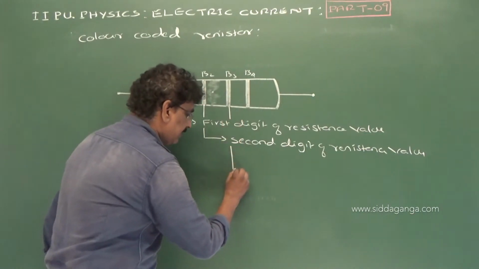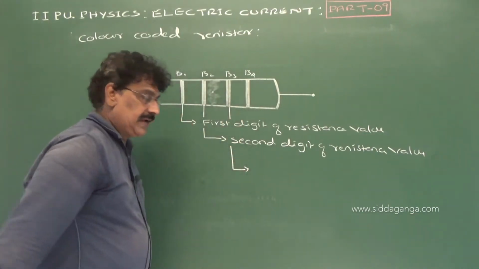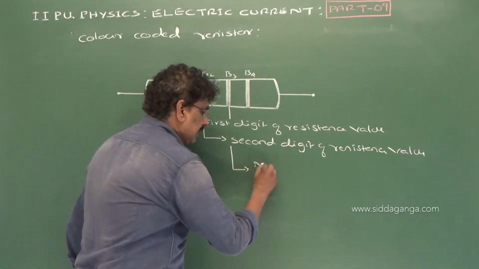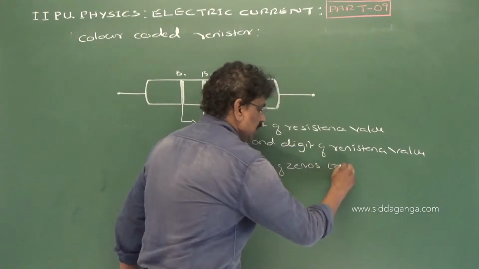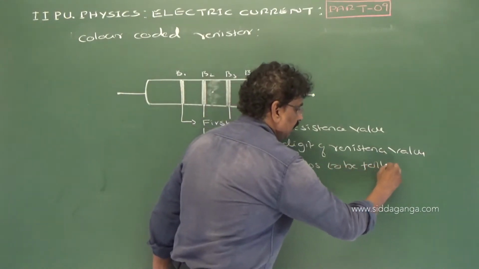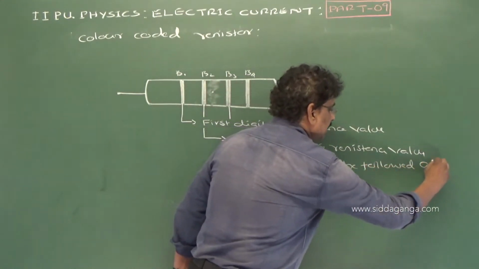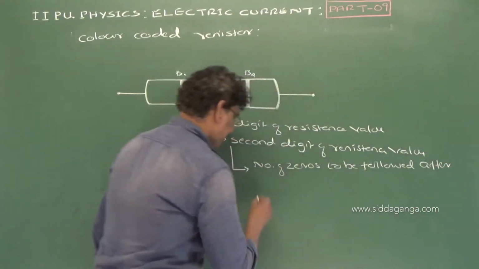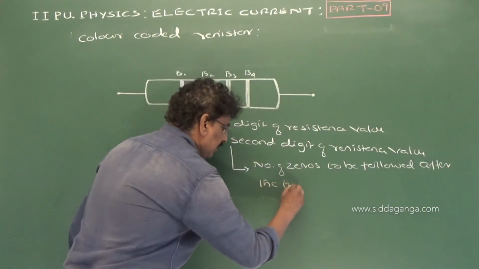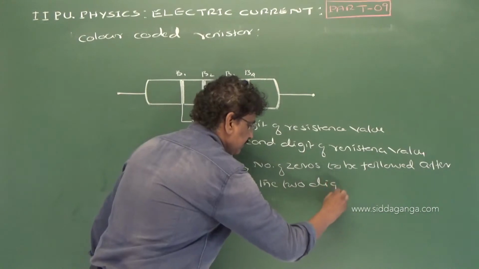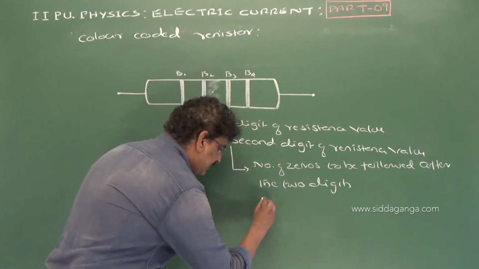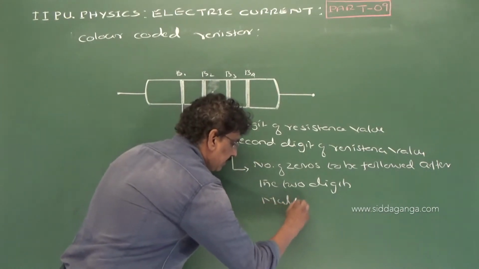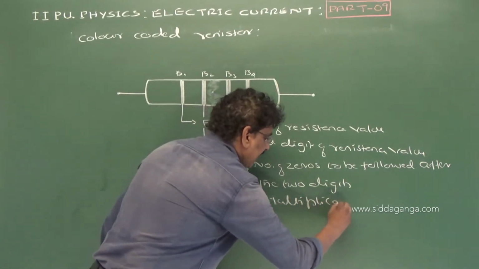The third colored band represents the number of zeros to be followed after the two digits, or the multiplication factor.